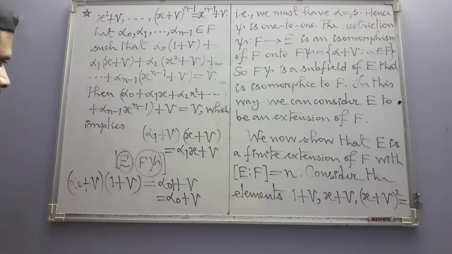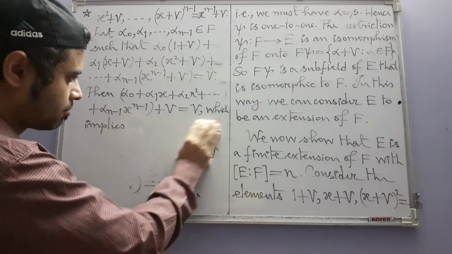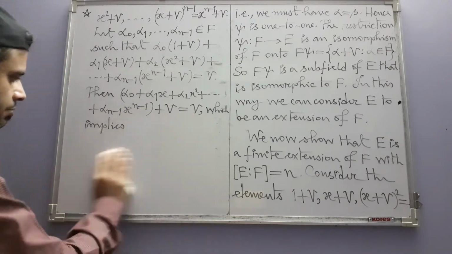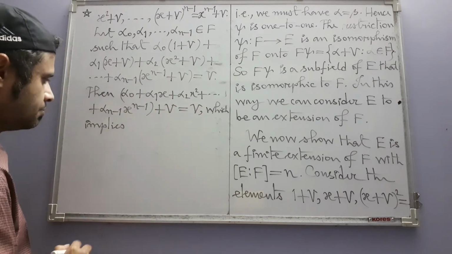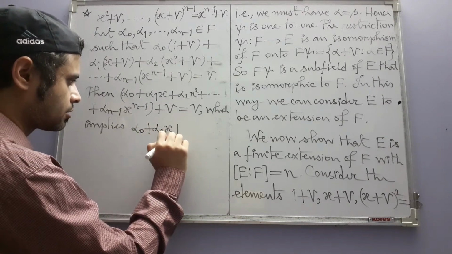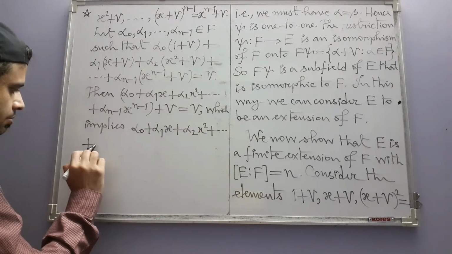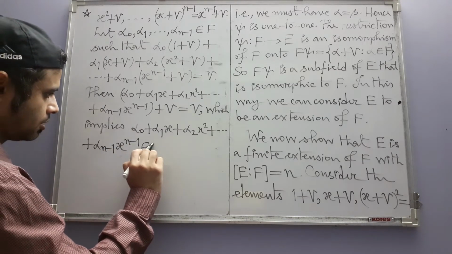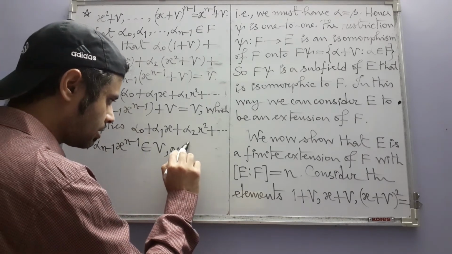Fine. Now this implies what? This implies this polynomial, alpha naught plus alpha 1 x plus alpha 2 x square and so on, plus alpha n minus 1 x to the power n minus 1, belongs to V, which is phi, and hence let's continue.